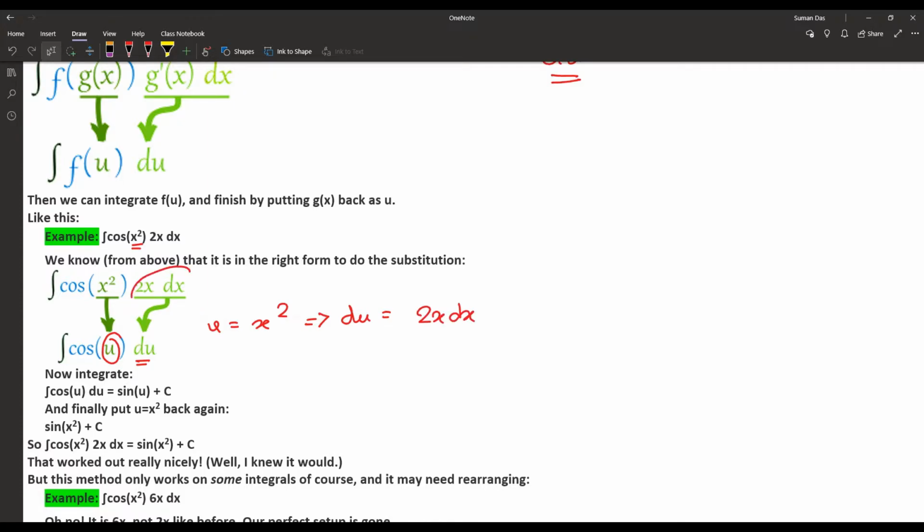So simply we can substitute that 2x dx with du. So the result becomes integral of cos u du, which is equal to sin u plus c, and putting back u is equal to x square, the result is sin of x square plus c.